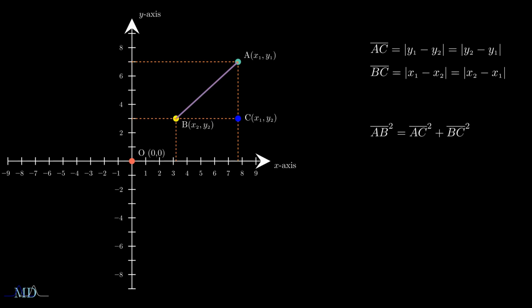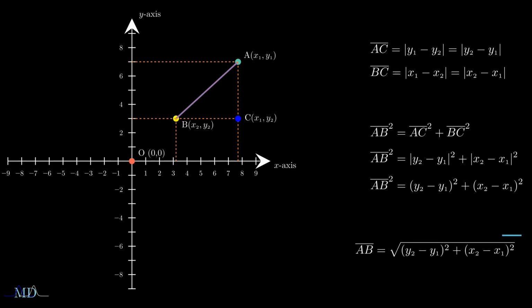When we square the values of AC and BC, we can eliminate the absolute value, because the square of any number is always positive. In the end we come to the conclusion that the distance between two generic points is equal to the square root of the sum of the square of the difference between the abscissas, and the square of the difference between the ordinates.